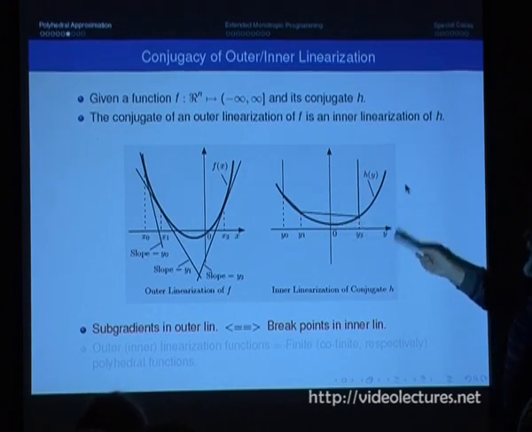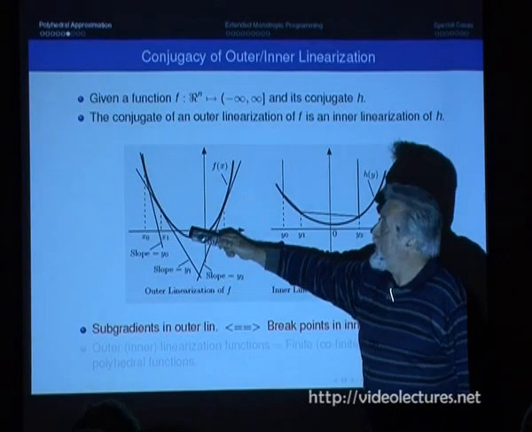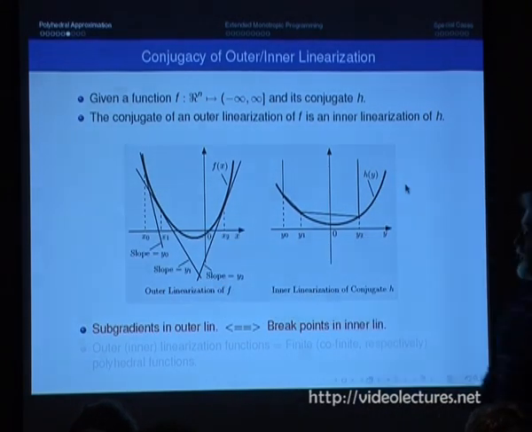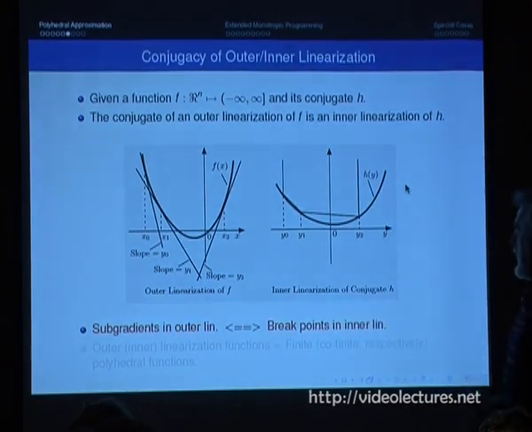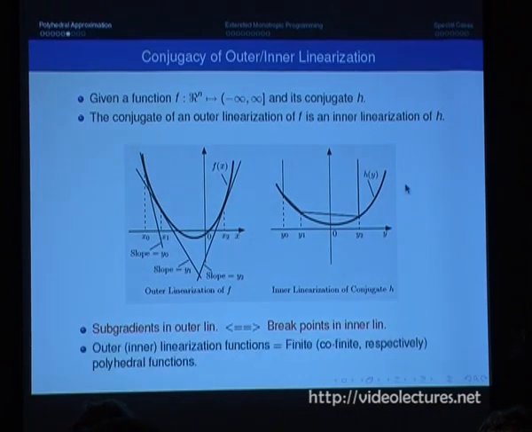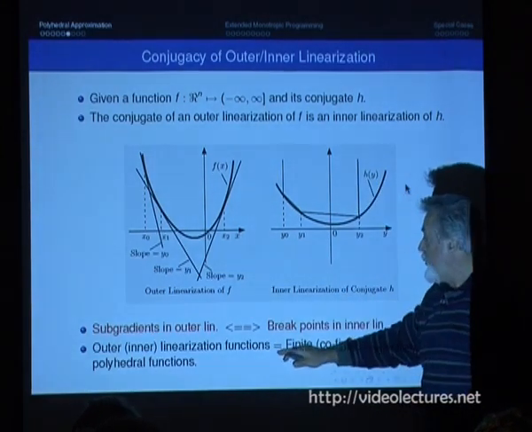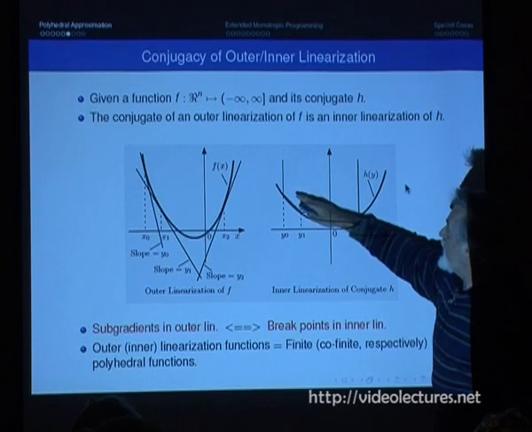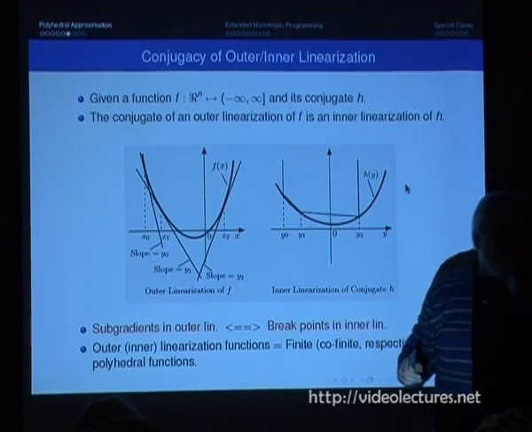And conversely, an inner linearization of some function gives you, when conjugated, the outer linearization of the conjugate. Furthermore, you have that subgradients in the outer linearization are breakpoints in the inner linearization, and so on. Finally, note that outer linearization functions are real valued or finite, and outer and inner linearization functions are cofinite, meaning that their conjugate is real valued.